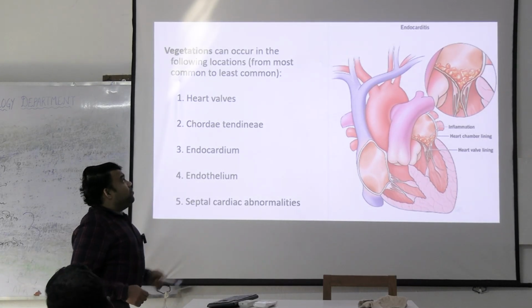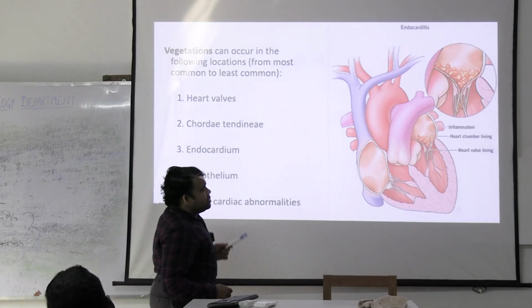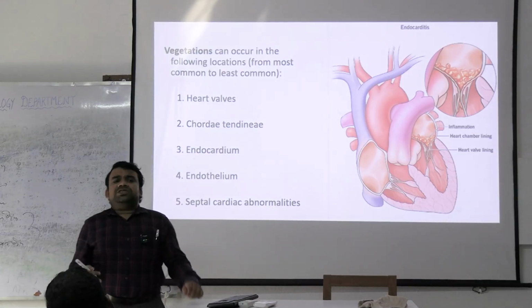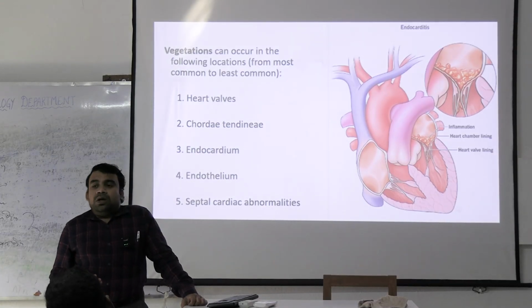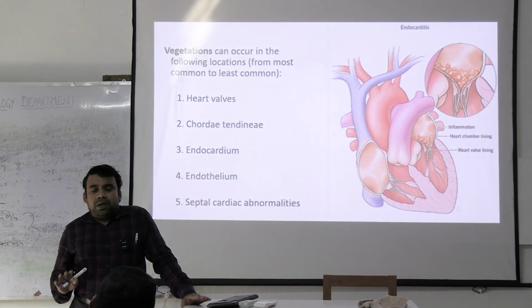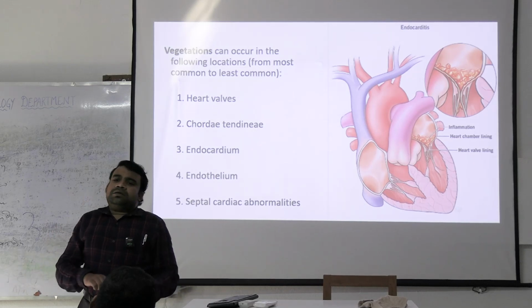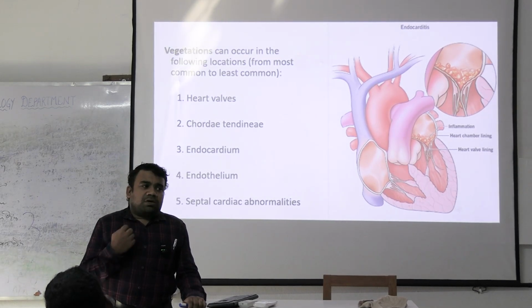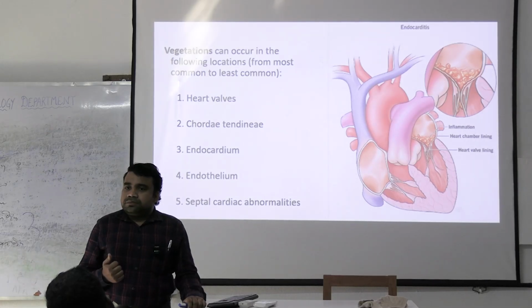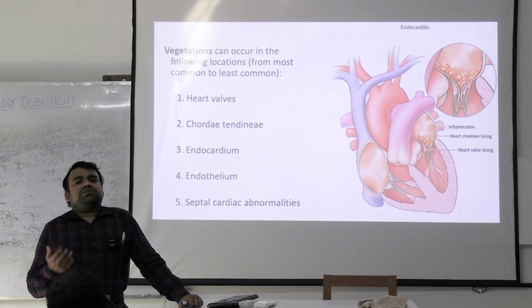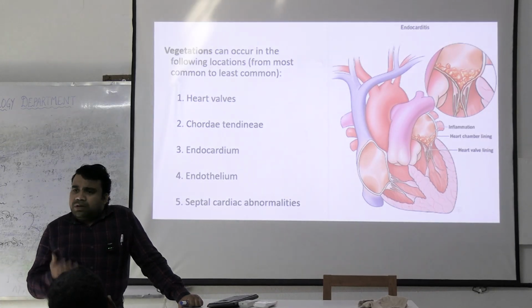Now, before going to where these vegetations are seen, first of all, try to understand why these vegetations occur. Suppose in a normal patient with no defect, what do you think is the maximum force that is exerted on the endocardium? It's the valves, which control the blood pressure. So the maximum force is rendered to them.